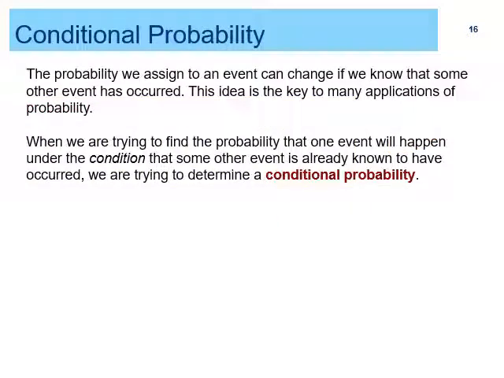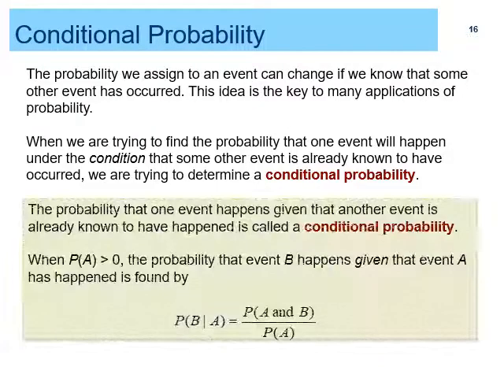Now conditional probability. The probability we assign to an event can change if we know that some other event has occurred. This idea is the key to many applications of probability. When we try to find the probability that one event will happen under the condition that some other event is already known to have occurred, we are determining a conditional probability.